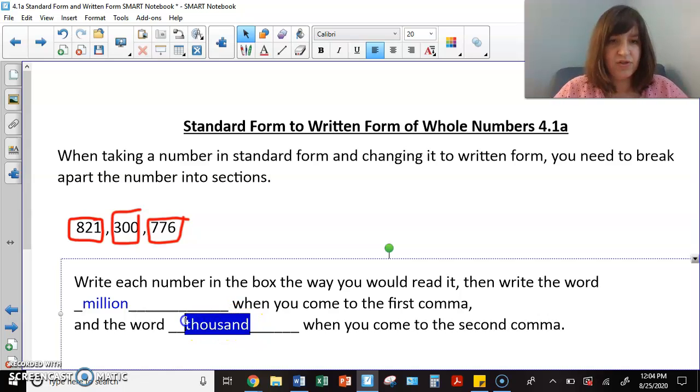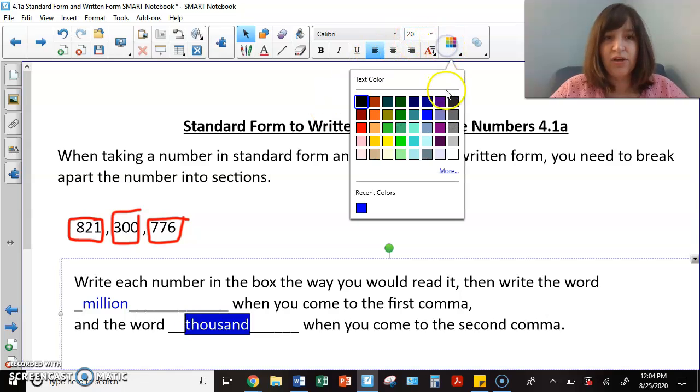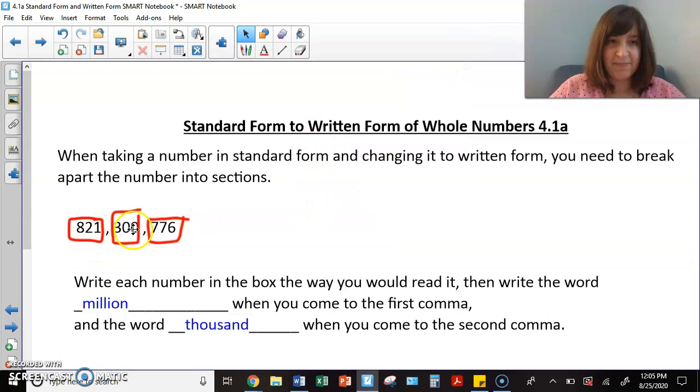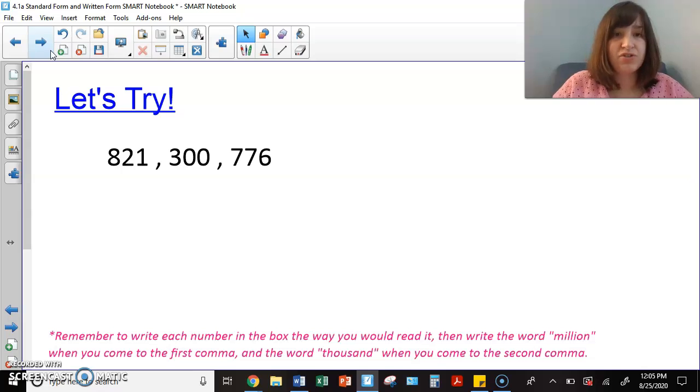Okay, so I have three boxes that I'm looking at. My first box, my second box, my third box. This comma says million, this comma says thousand. So first box, million. Second box, thousand. Third box. I'm just going to read it left to right, just like I would if I was reading words on a page.